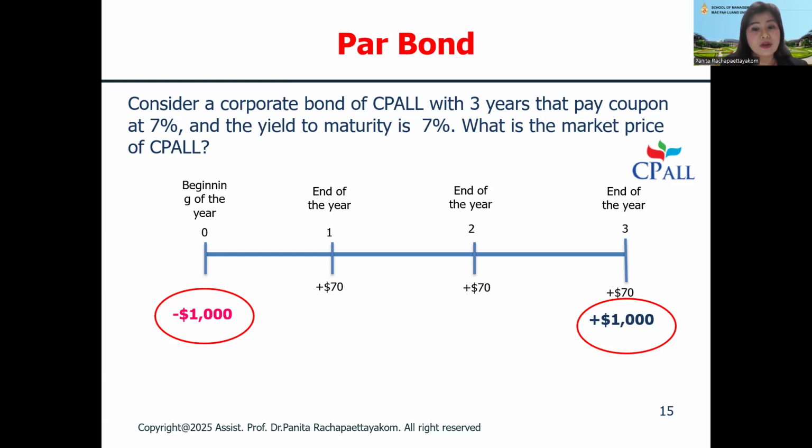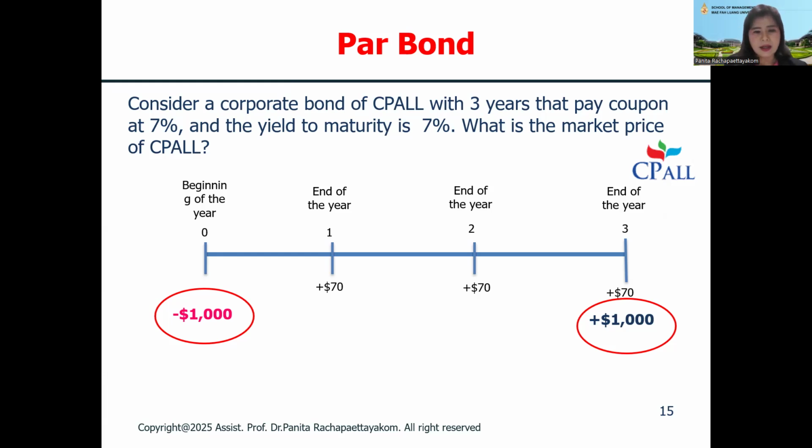The answer is no, because you should buy this bond at par, at the price of 1,000 Thai baht. If you can buy this bond for less than 1,000 Thai baht, what does it mean? It means you tentatively get a yield return greater than 7%.